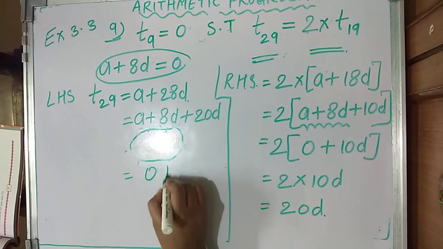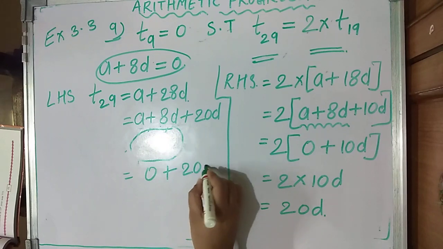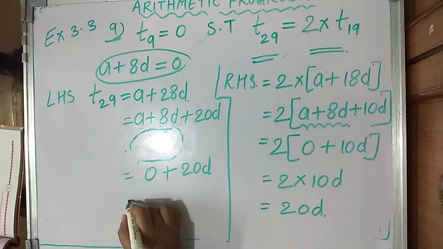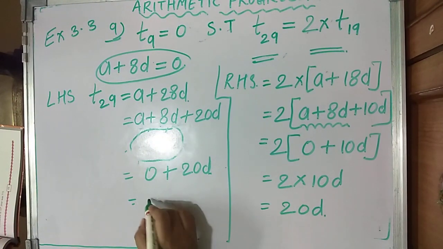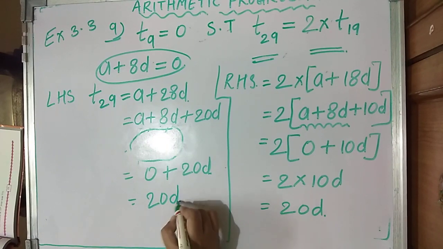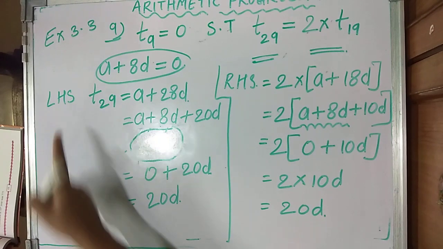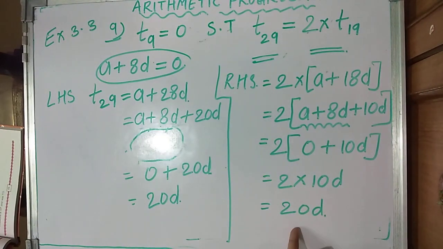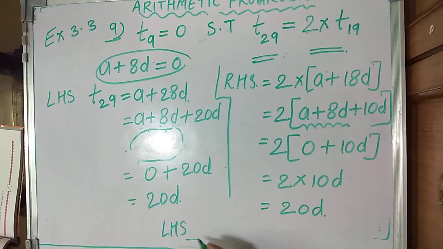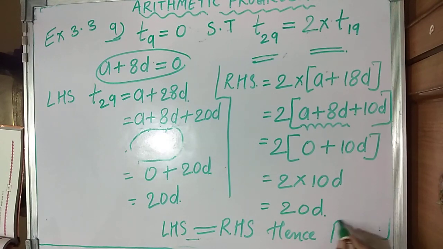So this will become 0 plus 20D. And 0 added with any number is the same number. So you get the final evaluation for LHS as 20D. Now if you observe, LHS is 20D, RHS is 20D. That means LHS becomes equal to RHS. Hence proved.